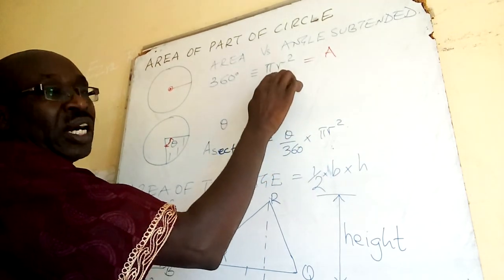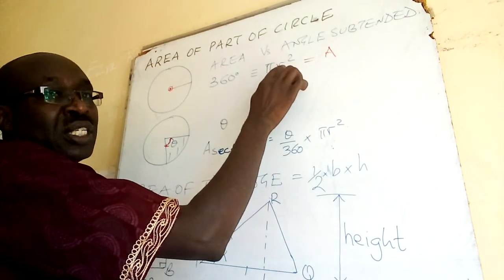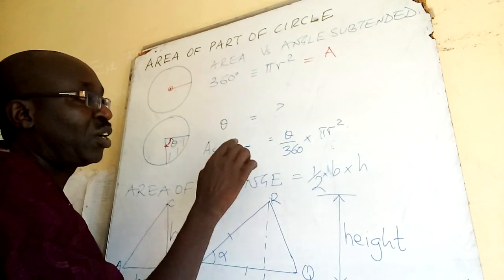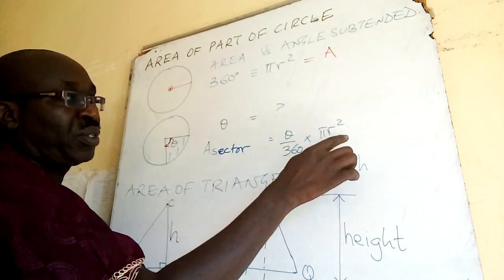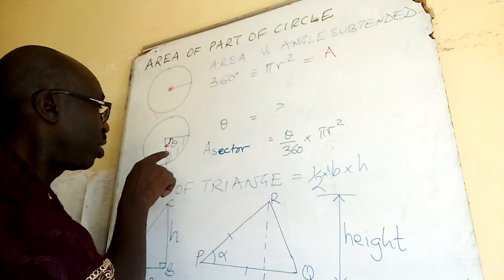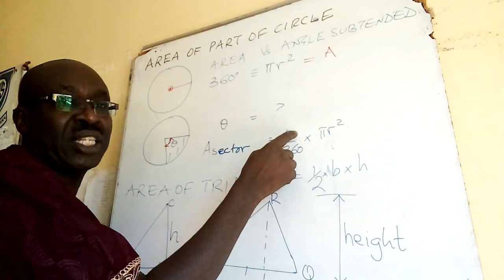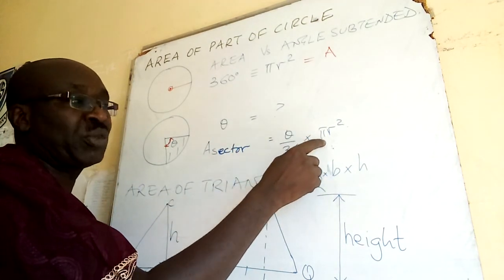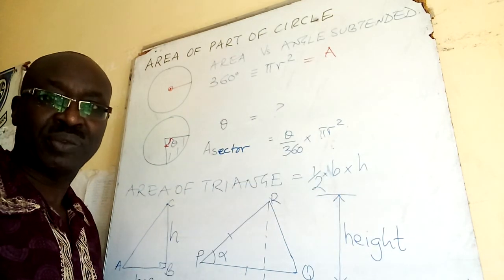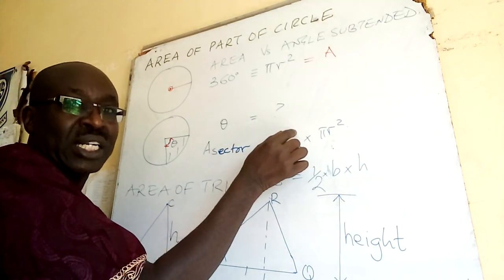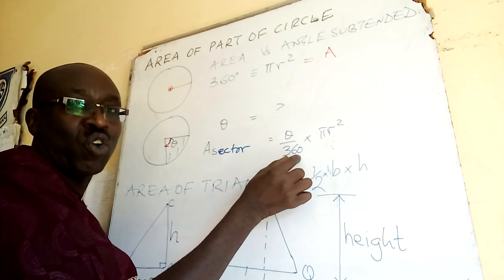You cross multiply. So theta times that divided by this. In short, this is the formula. So if this is 30, I write 30 over 360 times pi r squared. That is part of circle.